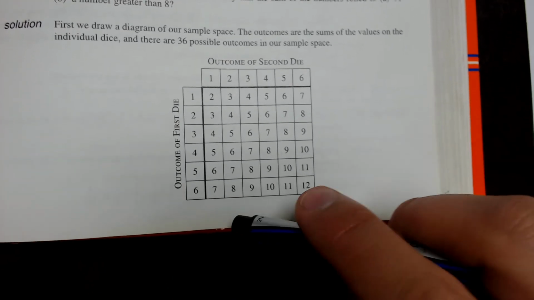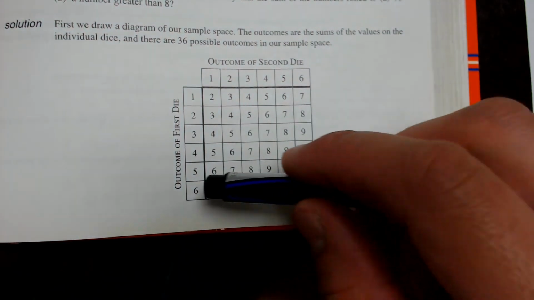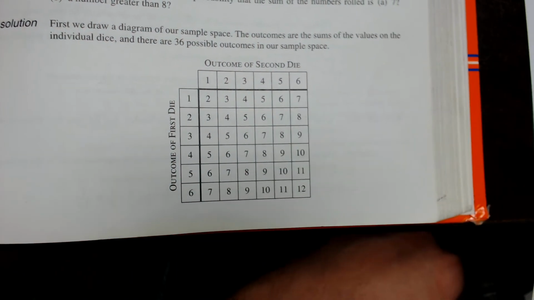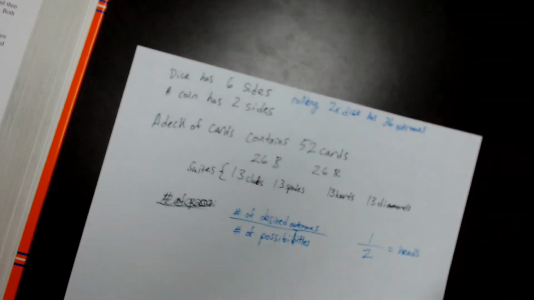The way they get that, they make this little chart here. You could think of it like a square. You have one side of 6, the area being 36. Or you could say 6 outcomes times 6 outcomes, 36. Or you can remember, if you roll 2 dice, there's 36 outcomes.